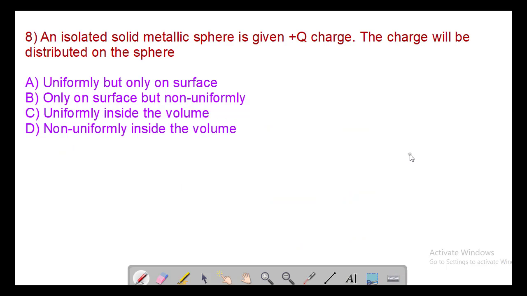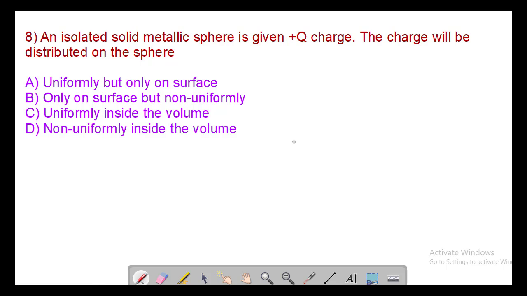Next is question number 8. An isolated solid metallic sphere is given charge plus q. The charge will be distributed on the sphere. So we are given 4 options: uniformly but only on the surface, but non-uniformly, uniformly inside the volume, non-uniformly inside the volume.